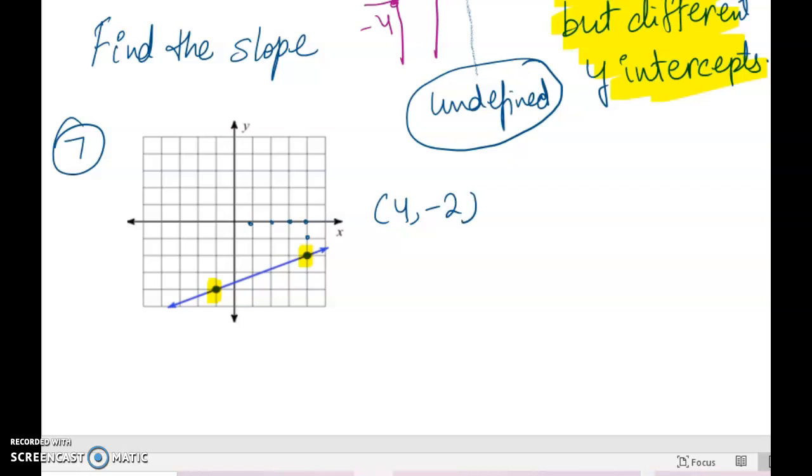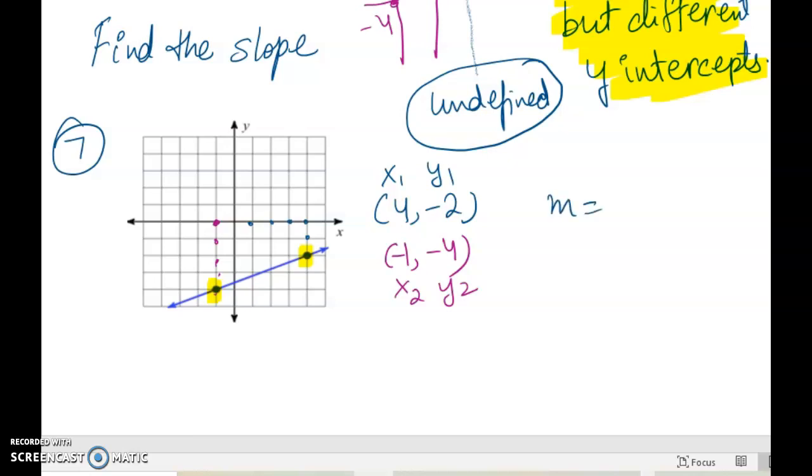Let's try the other point. So -1 and 1, 2, 3, 4 down again, it is -4. -1 and -4. I have 2 points. Let's label them. This is x2, y2, x1, y1.